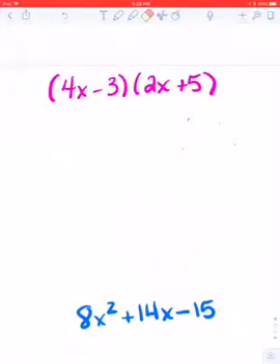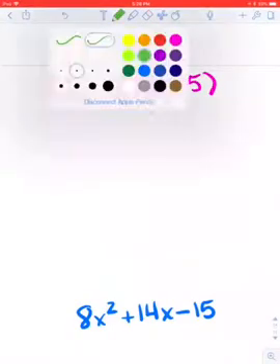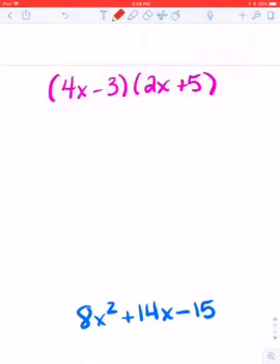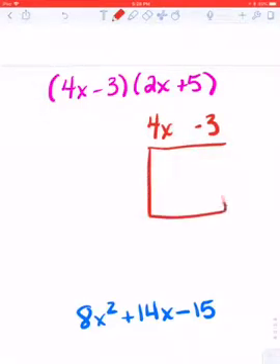Okay, now the last one we have to look at is lattice. And those of you that learn to multiply using lattice, this is probably the easiest way for you. So I'm going to do 4x minus 3, and I'm going to make my box. You'll notice that minus I put right next to the 3, so it's like a negative 3. And I put two columns to kind of separate those terms.